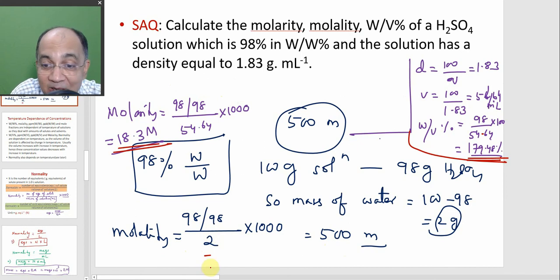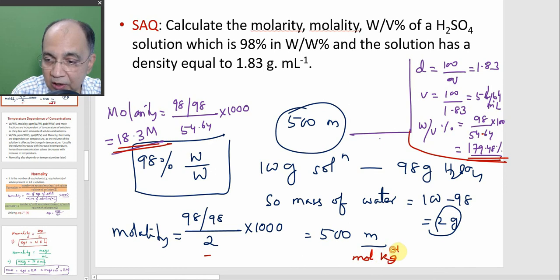And what is the mass of the solvent? Mass of the pure water is 100 minus 98. You have to take only pure water. This is the only case where you take pure solvent. So 100 minus 98 is pure water, 2. So the molality is number of moles of solute, 98 by 98, that is 1, by mass of the solvent 2 into 1000. So the molality is 500 moles per kg, or small m. This is moles per kg. So we got the molality is 500 molal, and molarity is 18.3 molar.